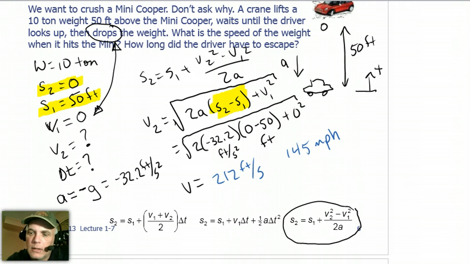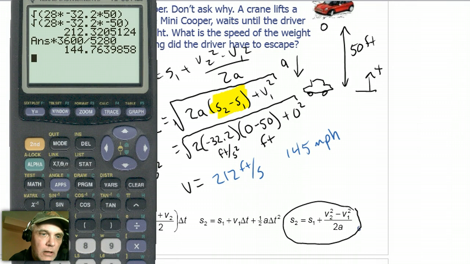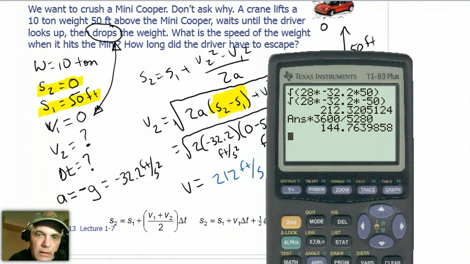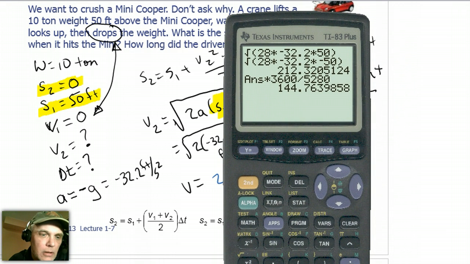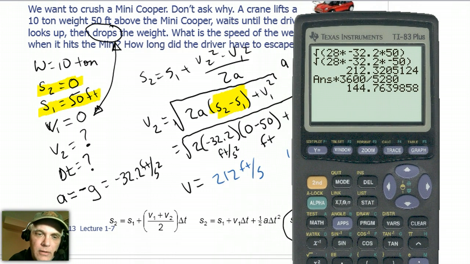Hopefully you're working along and have a question right now on why that number might not make sense. I had the luxury of pausing and going back and double checking things and noticed my error. Getting in a hurry with the calculator, so always double check your answers. I had 2 times minus 32.2 times minus 50, but up here I have 28 times minus 30.2 times minus 50.